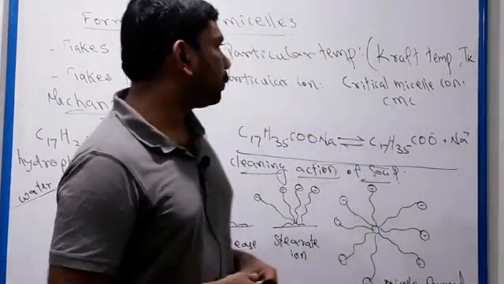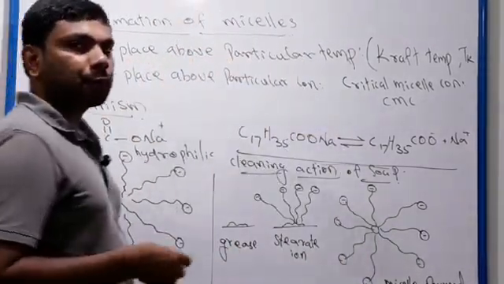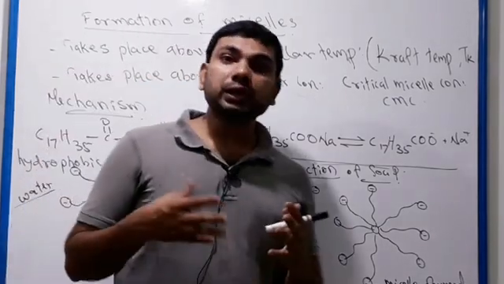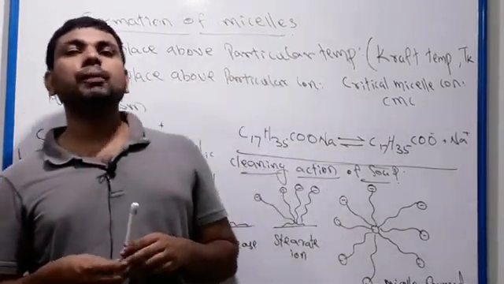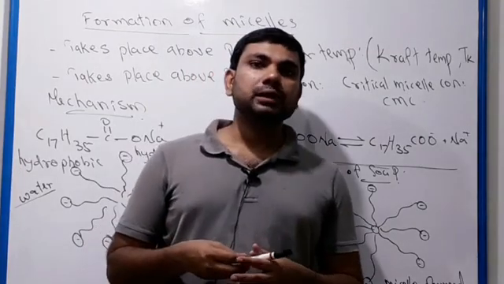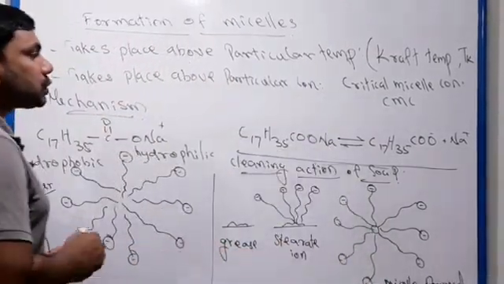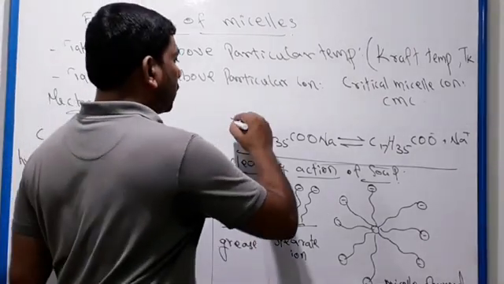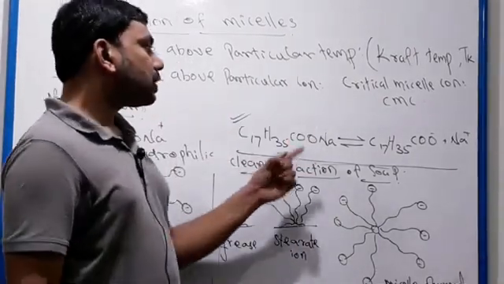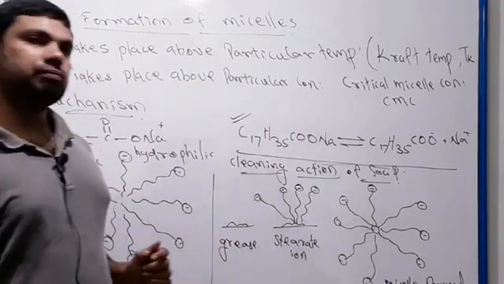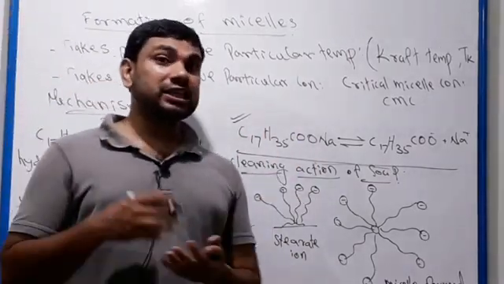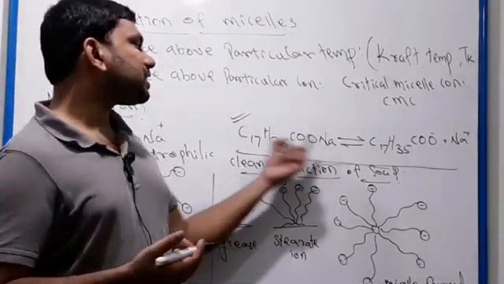Look here, we know soap. Oil or fat reacted with sodium hydroxide forms soap. This process is called saponification. The molecular formula of soap is represented like this: sodium stearate.